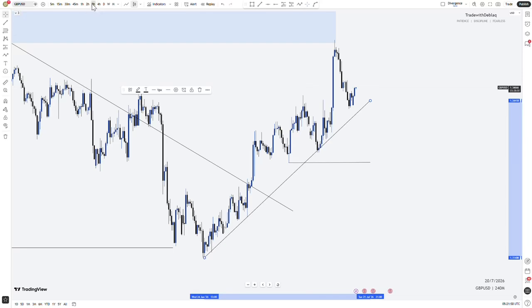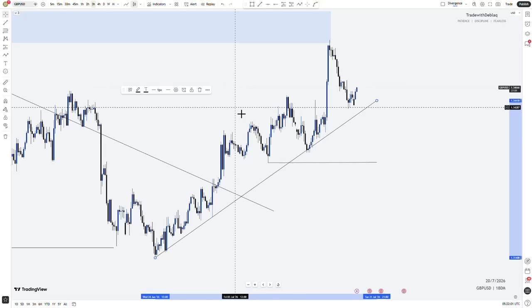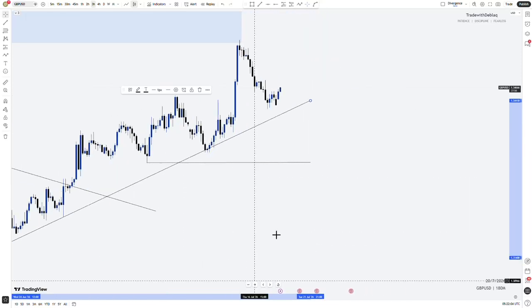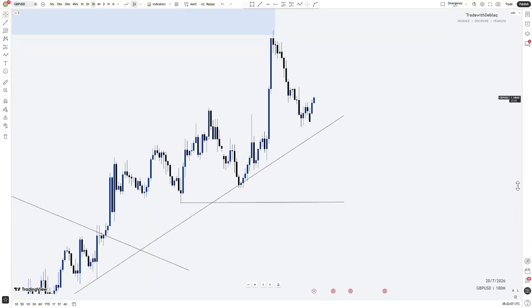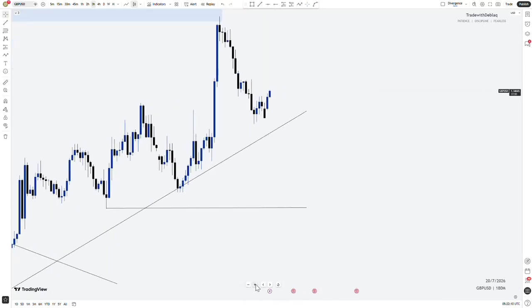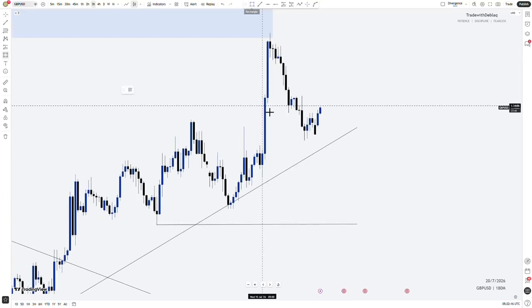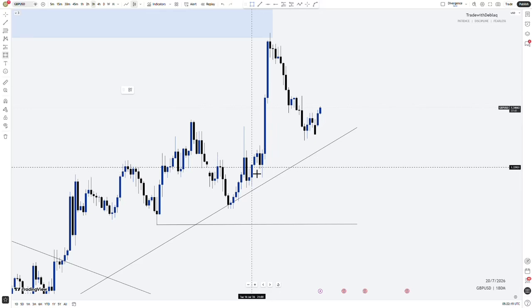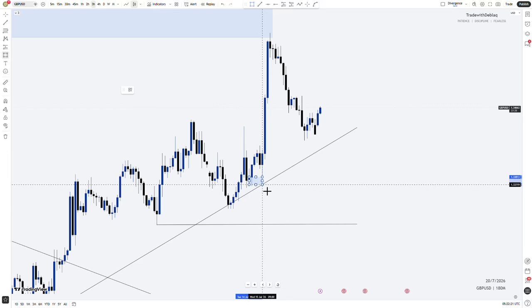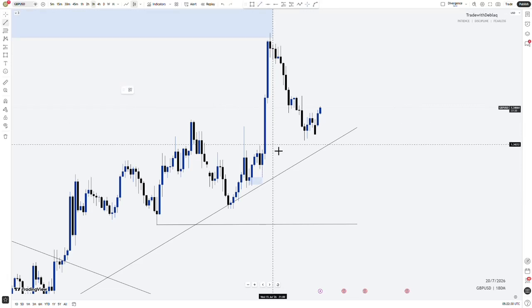We also have this on this 4 hour time frame. If we look closely, we have this reaction here after this liquidity sweep, because there's this liquidity sweep here.